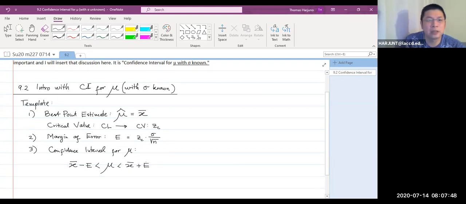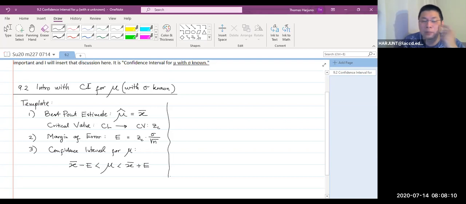Okay, that's the template, and that's basically it. In 9.2 and 9.1 later on, we will apply this template. And of course, we still have a little subtopic later on, but we will focus on this first.